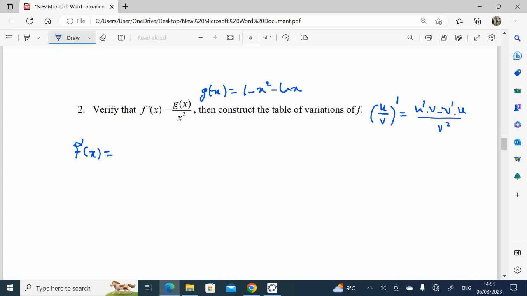So let me recall what is f of x here. f of x equals ln x over x plus 2 minus x. So this is u and this is v.